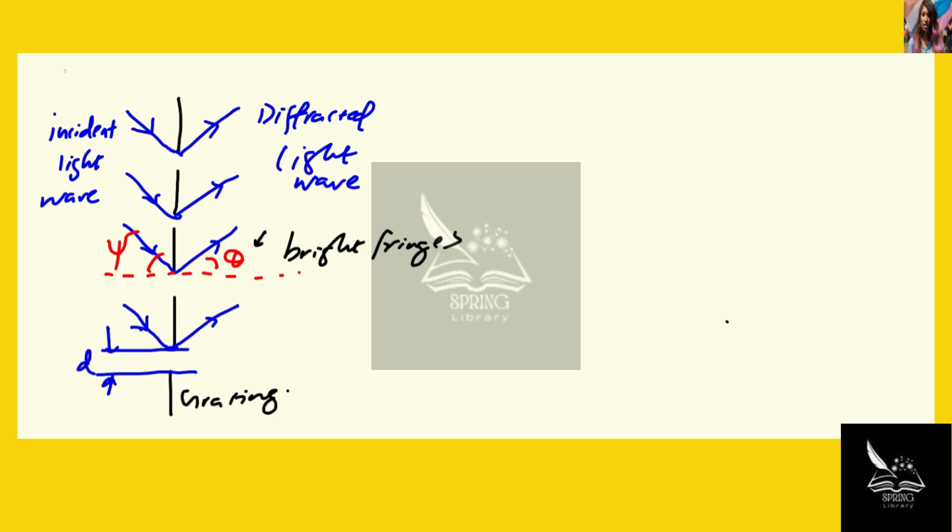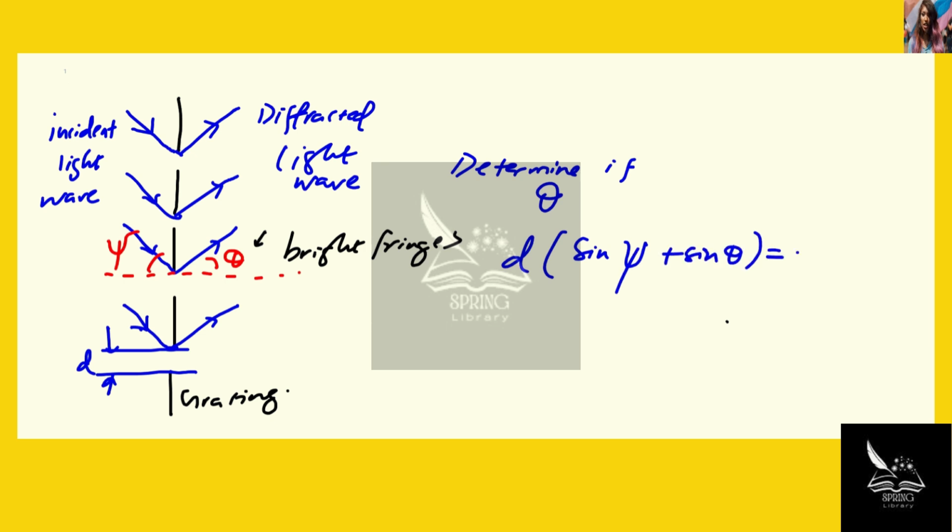And so the equation that's connected to this, we want to determine if theta is connected to the equation d (sine of phi plus sine theta) equals m lambda.